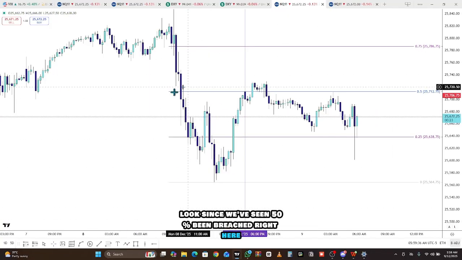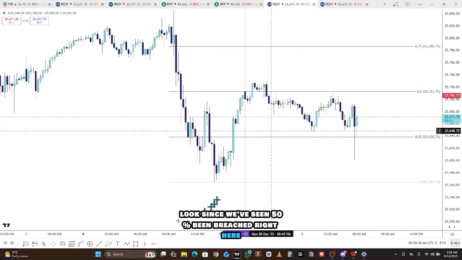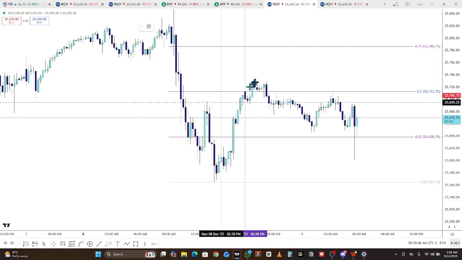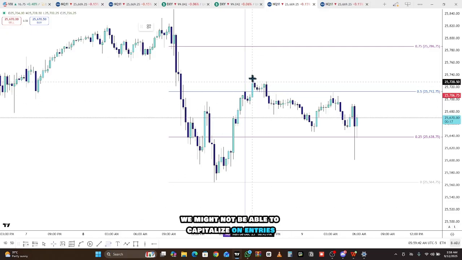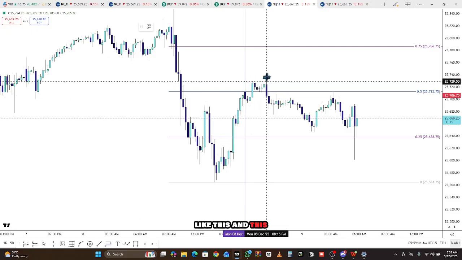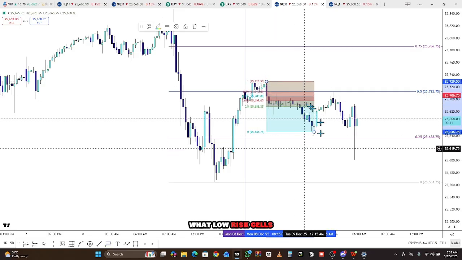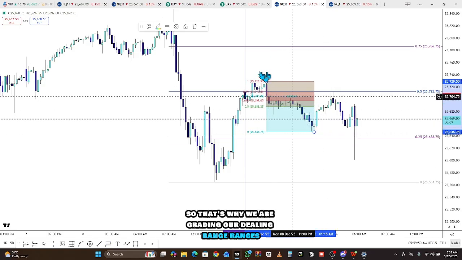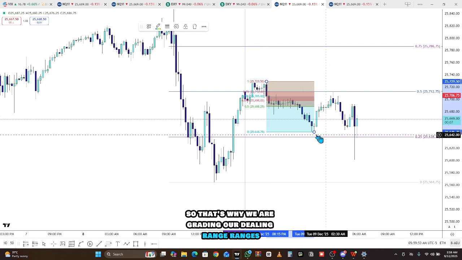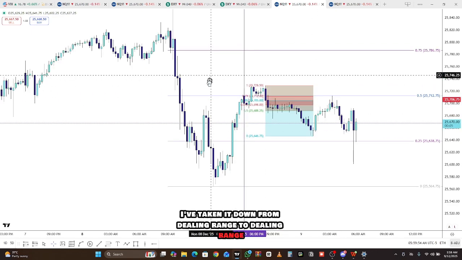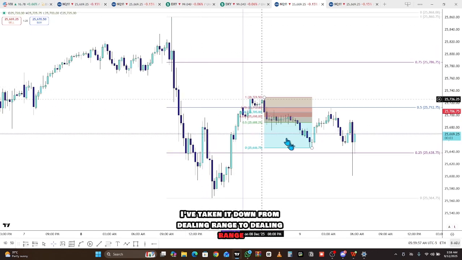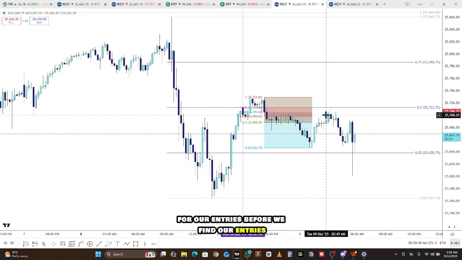Since we've seen 50% being breached right here, we could now look for entries, because majority of the time we might not be able to capitalize on entries like this and this. So we are looking for the one that will offer us what? Low risk sells. That's why we are grading our dealing ranges. We are taking it down from dealing range to dealing range for our entries, before we find our entries.